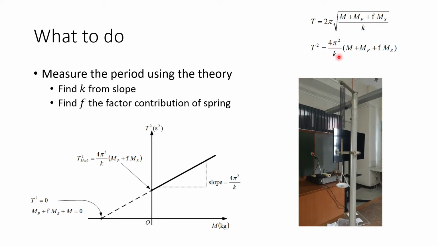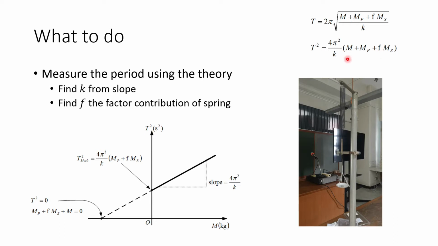Here m is the mass of the weight that's put on top of the plate, mp is the mass of the plate, and ms is the mass of the spring. It might be a little counterintuitive, but the mass of the spring contributes to the total mass with a factor f, which you need to find in this lab.